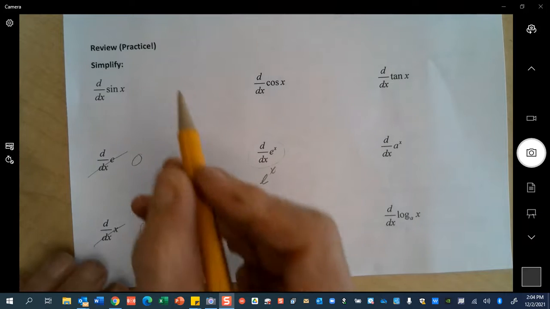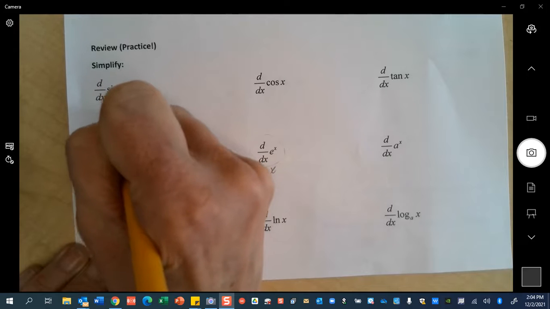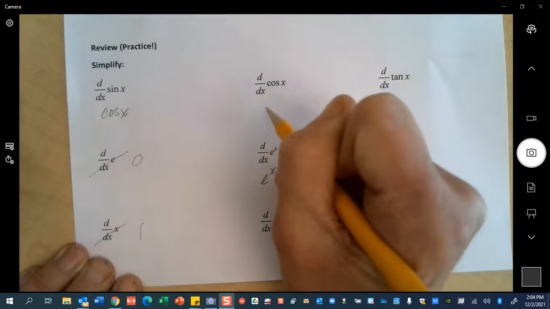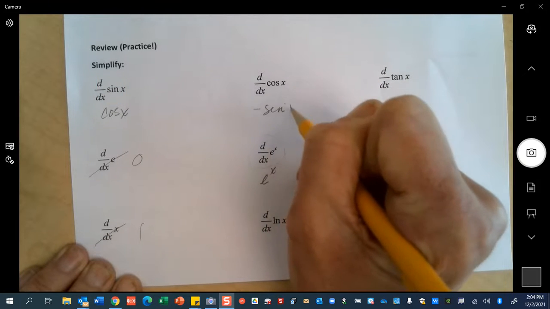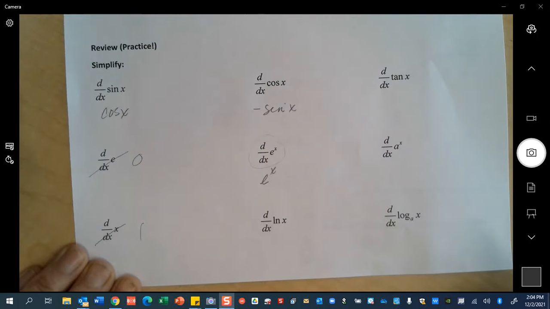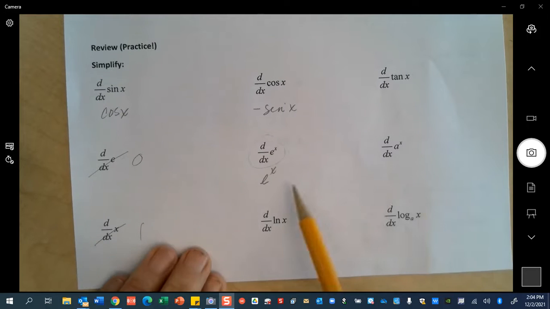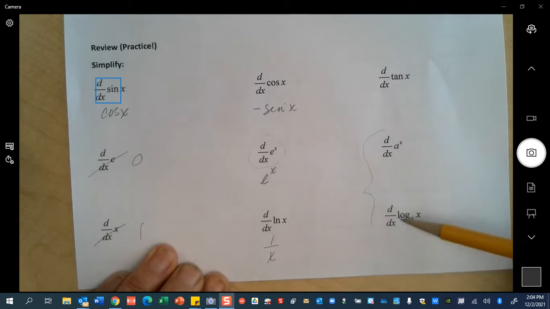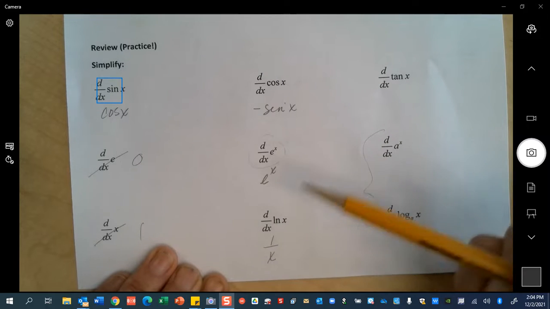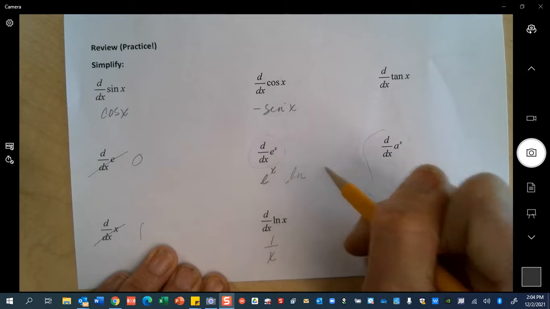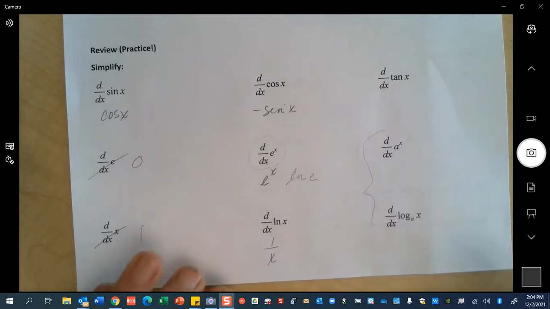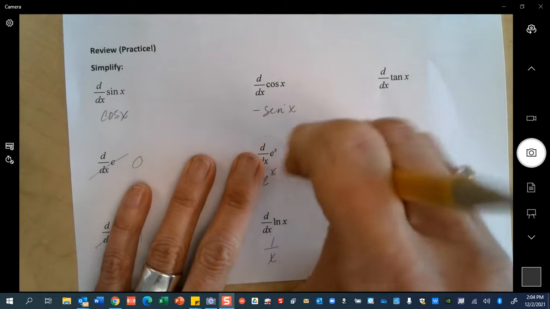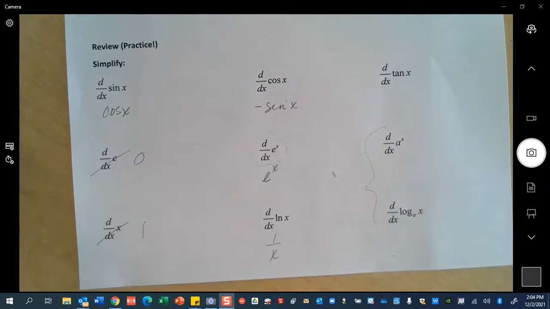What is the derivative of the sine of x? What is the derivative of the cosine of x? Do you see the relation? What is the derivative of the natural log? Now, what I really want you to do is see the relationship of these to these, because we really still have the natural log of e.